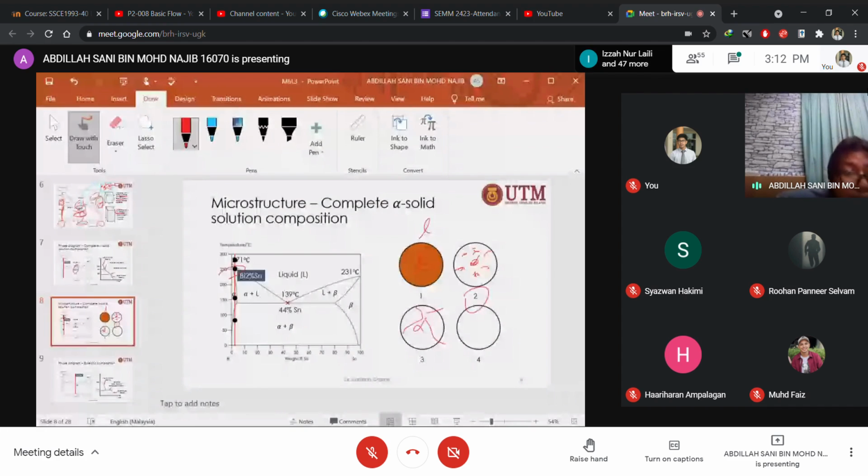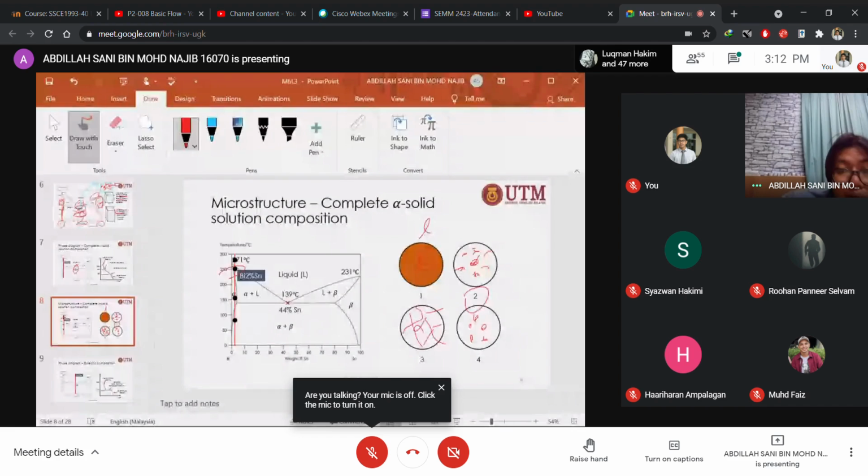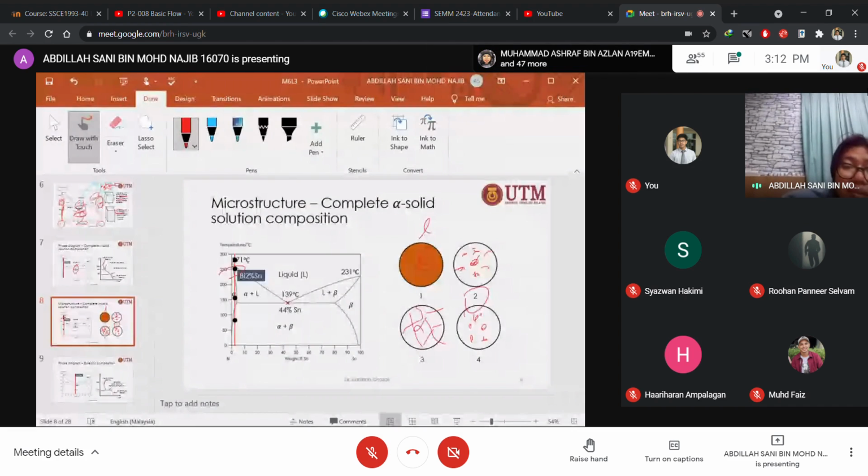And when we cool more, we have formation of a small amount of beta. Okay, we have alpha and beta. Let's put the beta in blue, so you get alpha and beta.